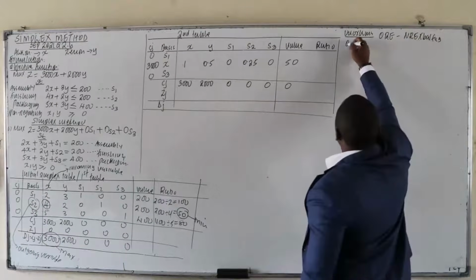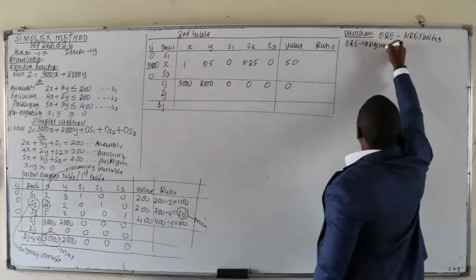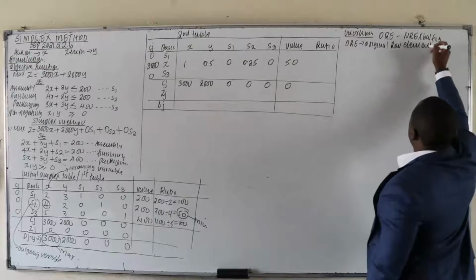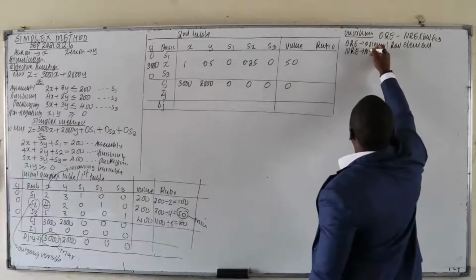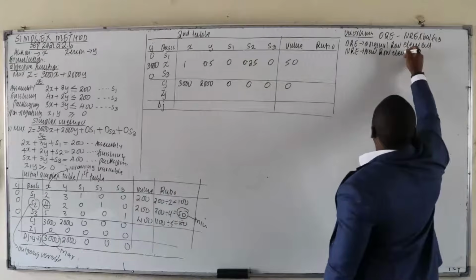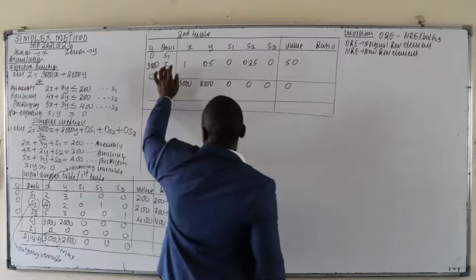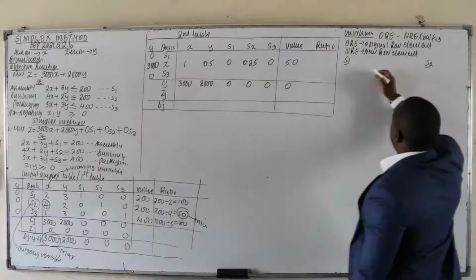ORA is the original row element, and NRA is our new row element. So we need to get S1 and S3. How do we get S1? We start with S1.